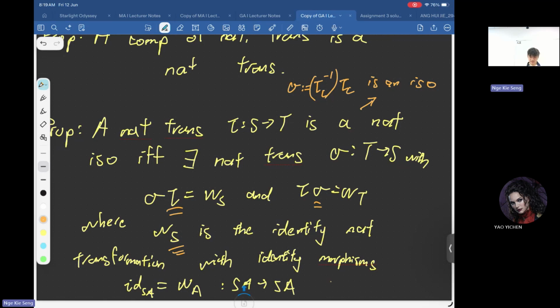Means that sigma a tau a should be equal to identity. So basically, a description on every component just gives you the natural transformation.